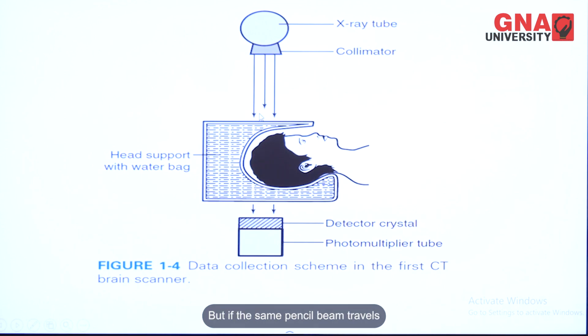But if the same pencil beam travels through the narrower part of the head, a beam hardening artifact arises. So to ease the beam hardening artifact, we use a water bath so that we get equal thickness of the head all over the scan.